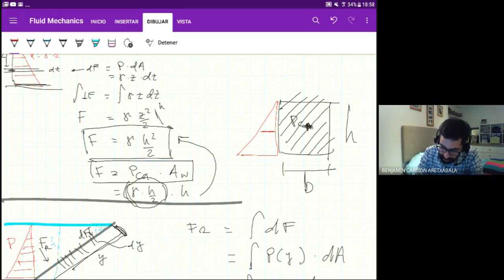If we cut this off, you could see that this triangle just fits here. So the pressure at the centroid, in this case of the wall, is a measure of the average pressure. And the average pressure acting on the whole area gives you the full force. Is that clear, or is it confusing?